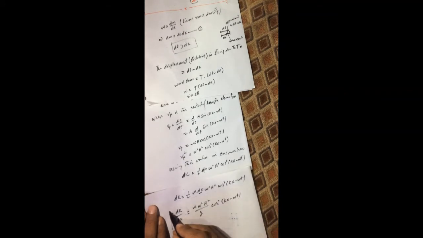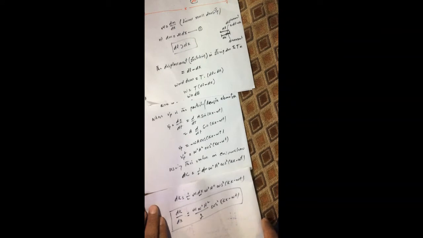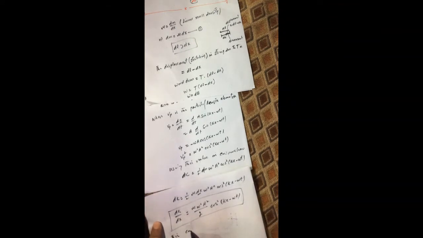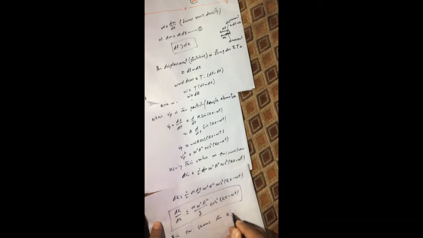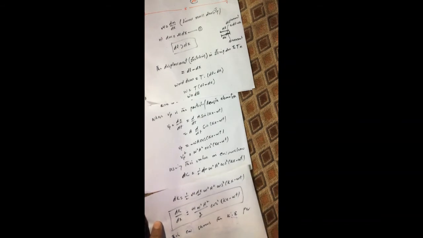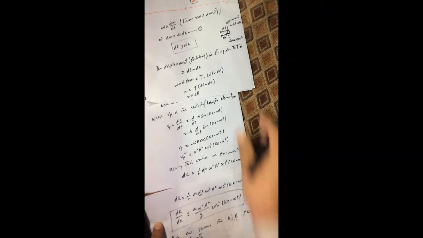This is the kinetic energy per unit length. This equation shows the kinetic energy per unit length, and I call this equation number 8.